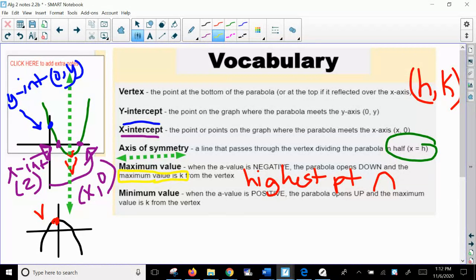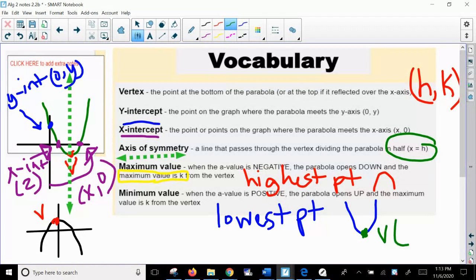Minimum is that first parabola that I drew right here. Okay, so a minimum value would be the lowest point of the parabola. So when your parabola is like this, your lowest point is at the bottom of the curve. Yeah, that's your vertex, H, K. And remember, you will tell me the K number for the minimum value.